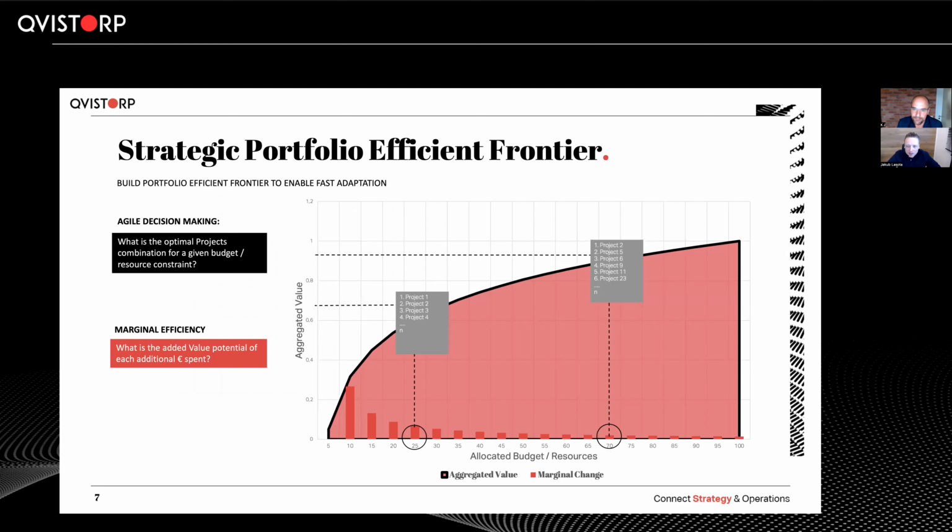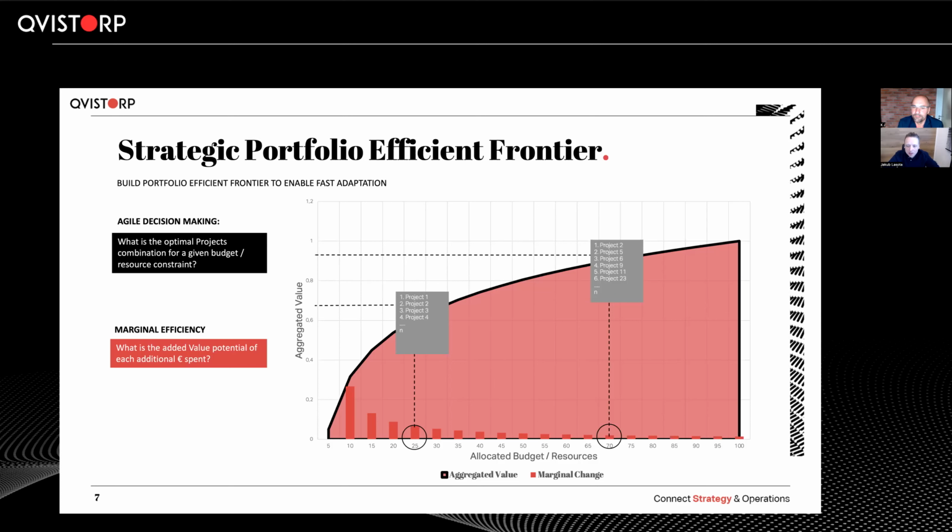This portfolio efficient frontier is a specific use case of Markowitz's portfolio theory, a quite interesting theory, which is in most cases capital market related. We use it in the context of strategic portfolio management, so a slightly different use case, but the rule is the same.